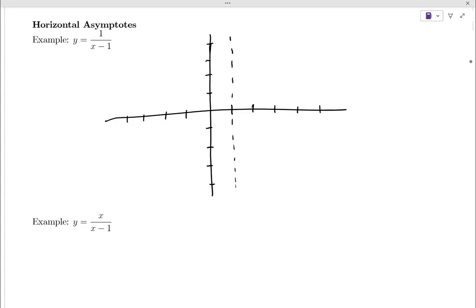If you graph one of these on your graphing calculator, a lot of times your graphing calculator will insert a line there. The reason why is because your calculator just plays connected dots. It just plots a bunch of pixels and tries to connect them together with lines, okay?